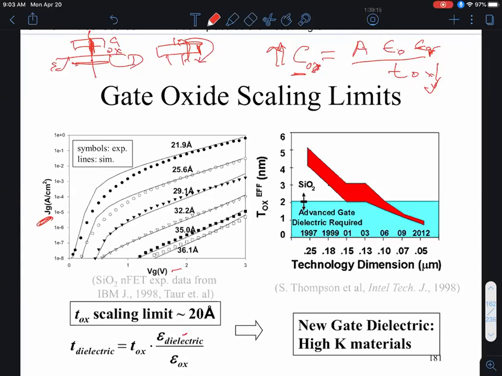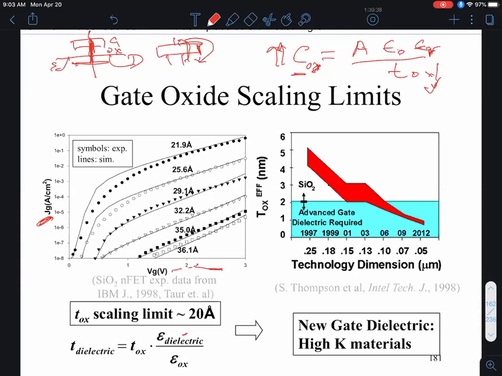As you see, as you make the gate oxide thinner, there's more and more leakage current in the system. The leakage current also increases with the gate voltage, because the higher the gate voltage, the higher the electric field across the oxide, and that also causes additional leakage current due to tunneling.